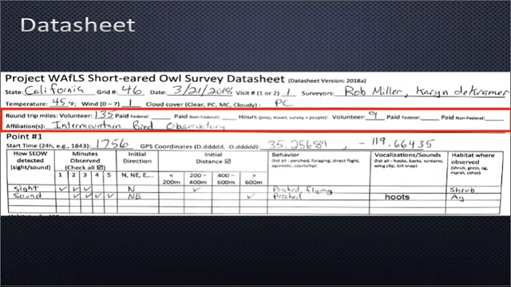On the mileage and time, we break these down into 3 categories: whether you are participating in this survey as a volunteer, whether you're being paid from a federal source, or whether you're being paid from a non-federal source, so state or NGO source.